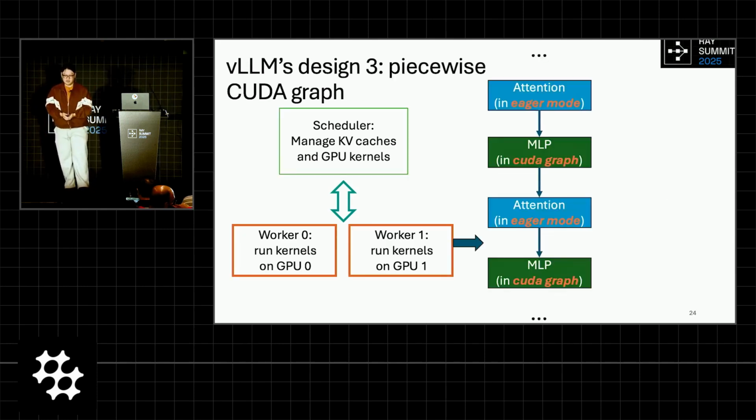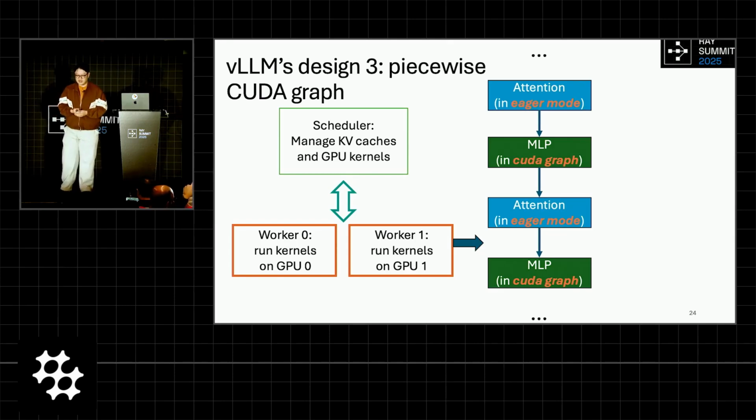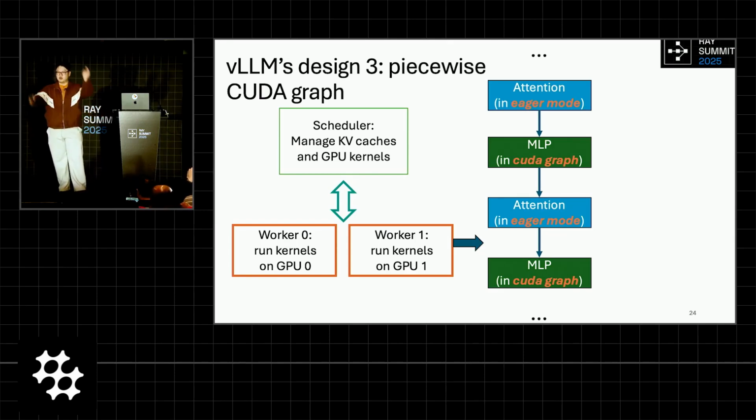The third part is about the workers' design. In vLLM's workers design, there's a special thing called piecewise CUDA graph. Traditionally, in the older vLLM core, the whole model forward pass is captured in one single CUDA graph. This gives you performance, but it trades away the flexibility of injecting operators.